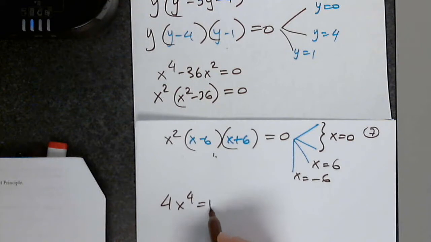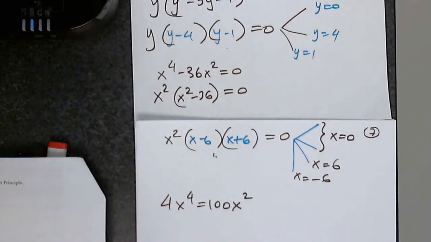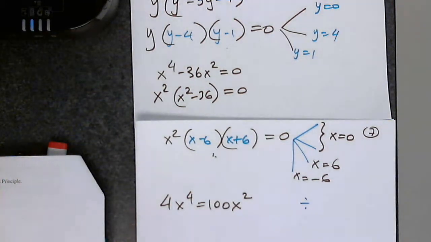4x to the 4th equals 100x squared. What is the degree of this? How many solutions will we get? 4. But this time it's an equation and I can simplify both sides by dividing by a number, but not by a variable.